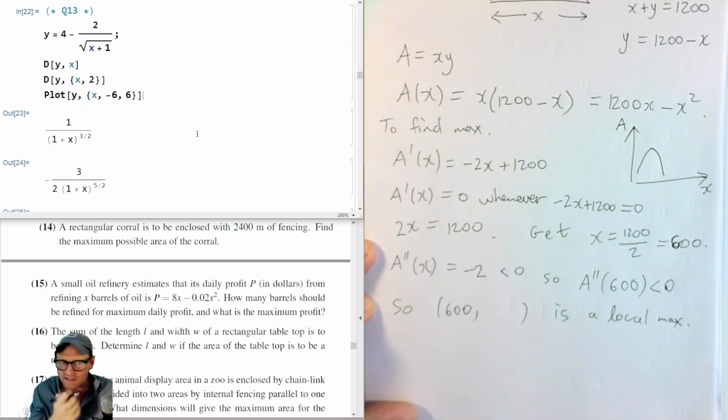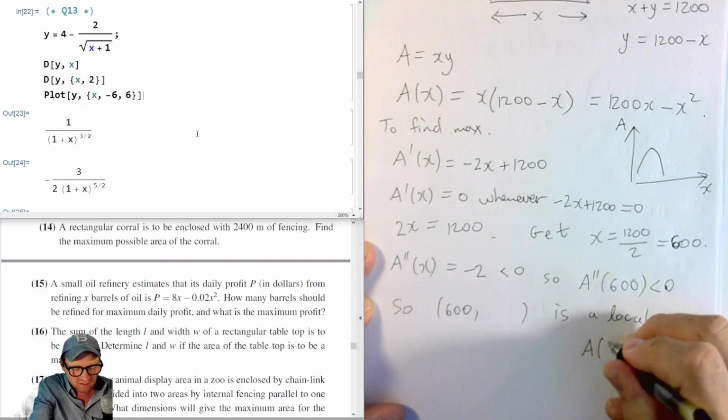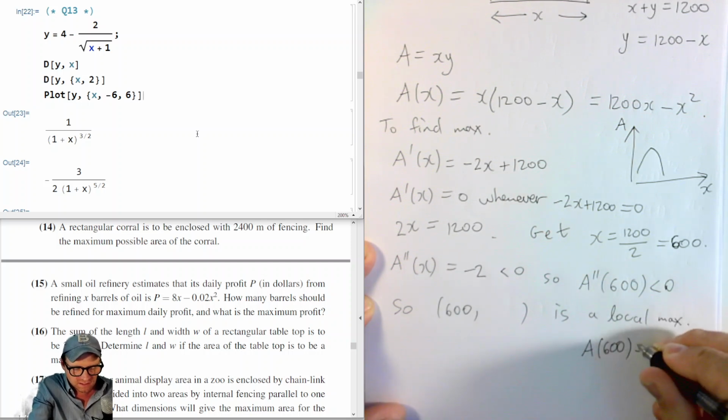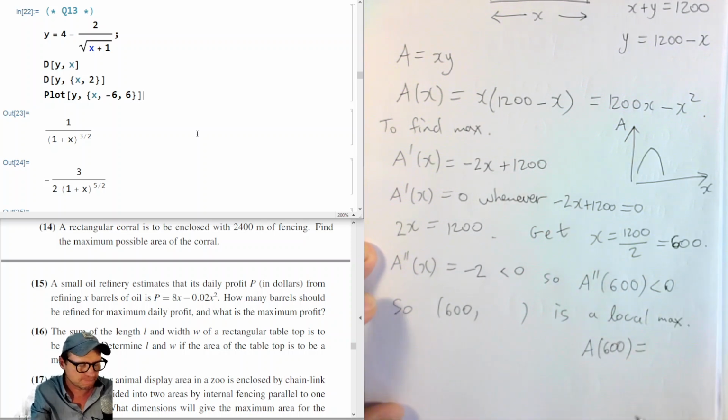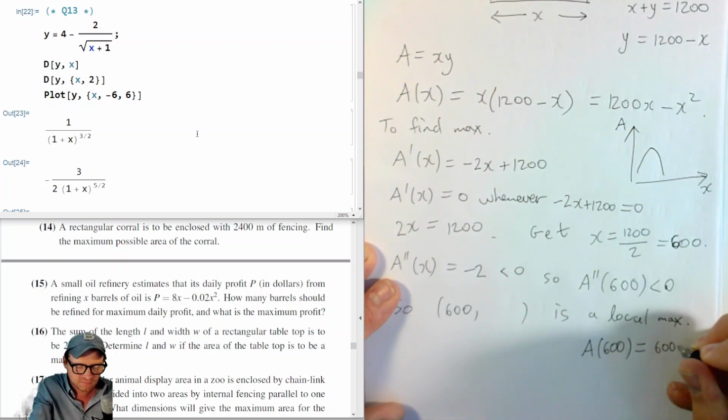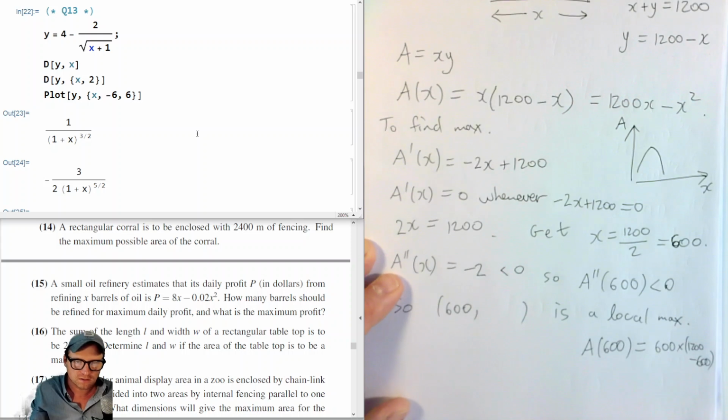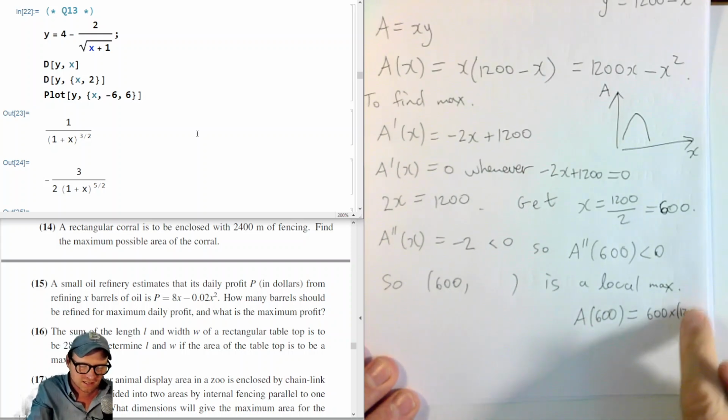All right, now we know that. Let's find the actual y value. So A of 600 is equal to, let's look at this, 600 times 1200 minus 600. Right, and so that's 600 in the bracket.